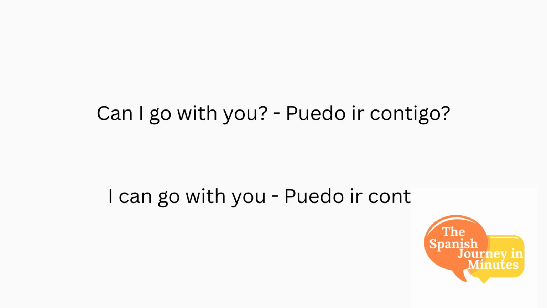But then when you are talking, it's the tone. You can hear the tone of doubt in my voice. So, can I go with you? ¿Puedo ir contigo? And I can go with you. Puedo ir contigo. One more time. ¿Puedo ir contigo?